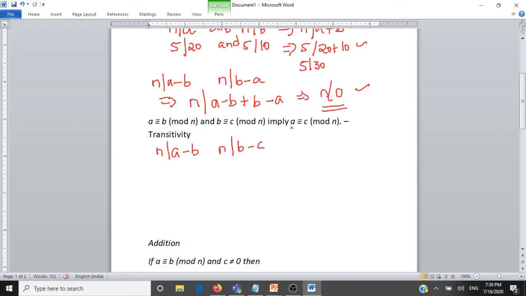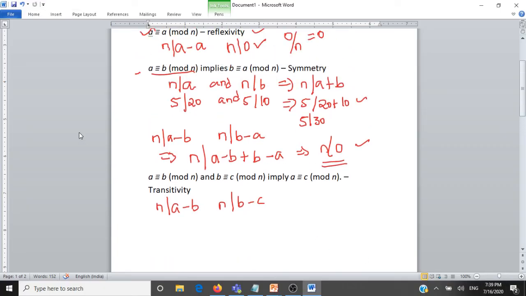Now what we have to prove is A is congruent to C mod n. By the property of the divisor which we have seen, when n divides A minus B and n divides B minus C, n will also divide A minus B plus B minus C. So what is the final result here?